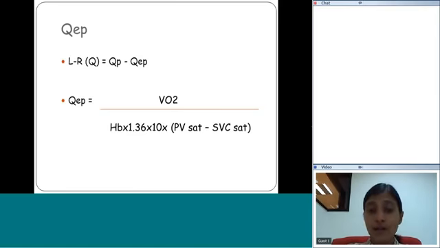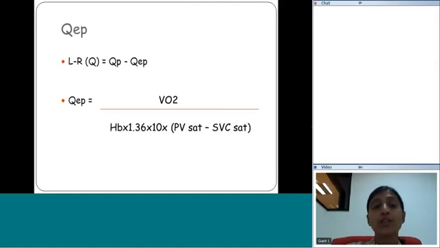You understand? So this left to right shunt is an additional non-effective part of the QP. The QEP, or Q effective pulmonary blood flow, is the portion of pulmonary blood flow that actually gets oxygenated in the lungs. So you can see that the left to right shunt is QP minus QEP.